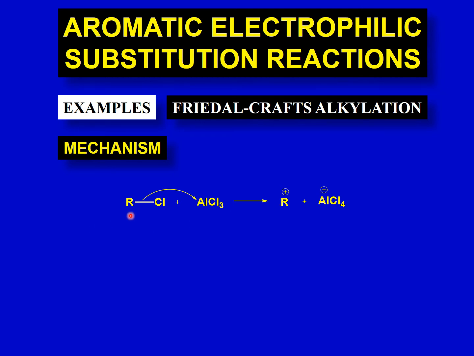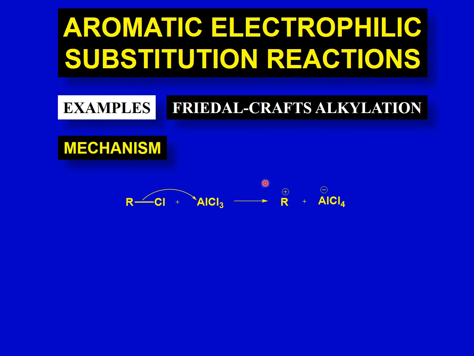You know that the bond between carbon and halogen is polarized, and the electron density is tilted more towards the halogen. And you also know that the reagent we are using is a Lewis acid, aluminium being electron deficient in this case. So the halogen can easily attack the aluminium here, forming AlCl4 minus, with the formation of an electrophile that is an alkyl carbocation.